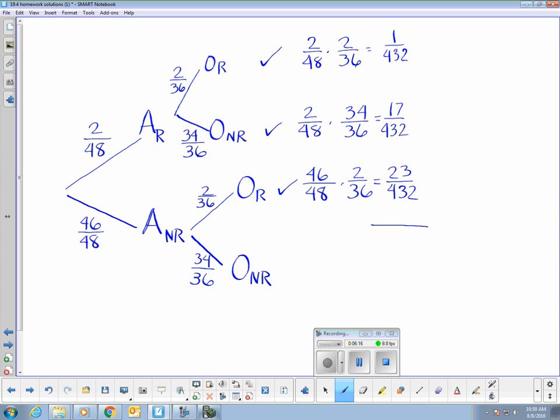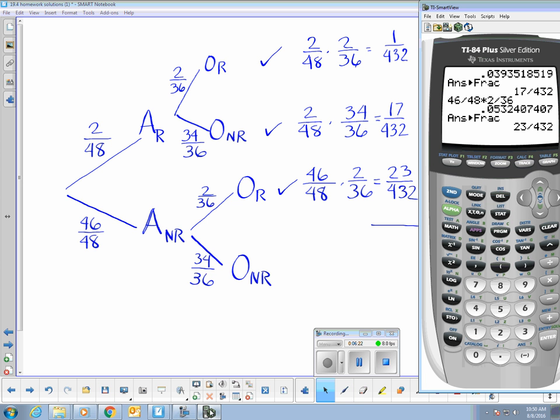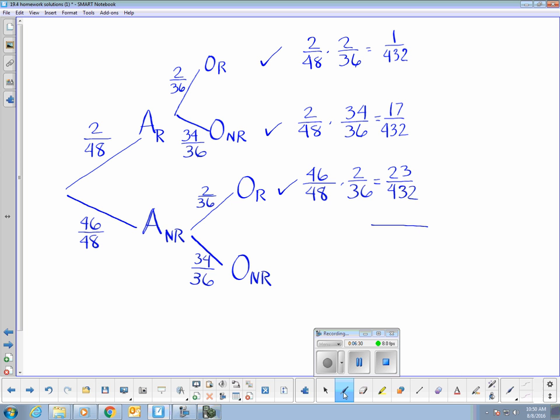The sum of those three: so we have, in our numerator, 1 plus 17 is 18, plus 23 is 41 out of 432. So 41 out of 432.